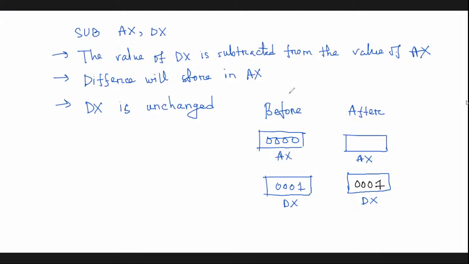Right, Ria is correct. Yeah, so it should be FFFF, because you are subtracting dx from x, which means you are getting -1, and -1 equals FFFF. So you can remember that -1 equals FFFF.